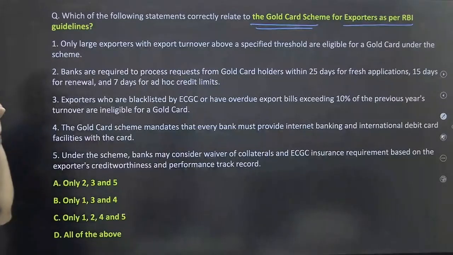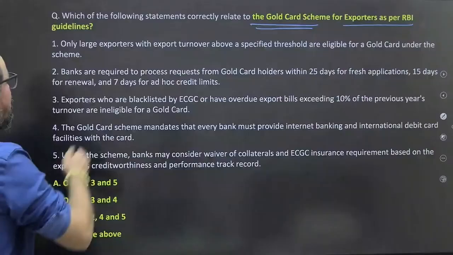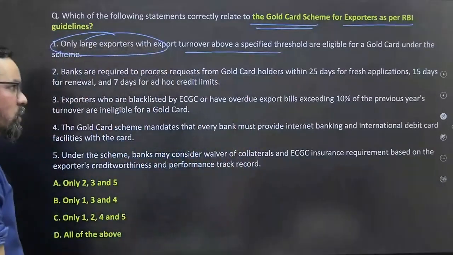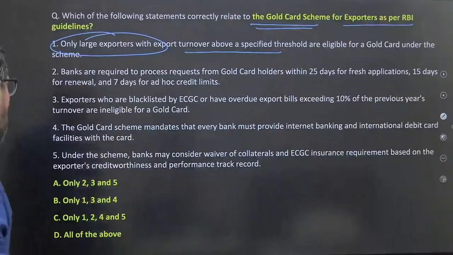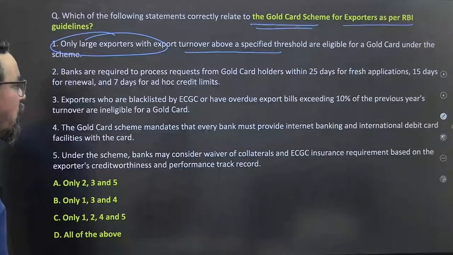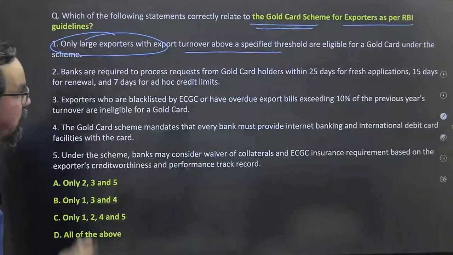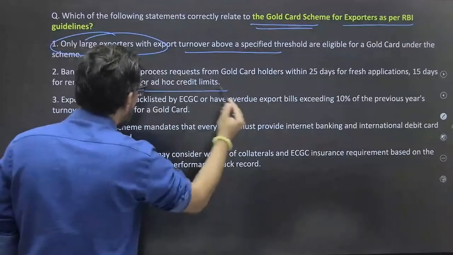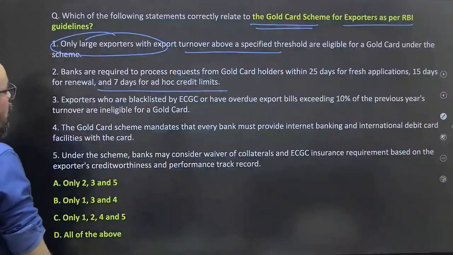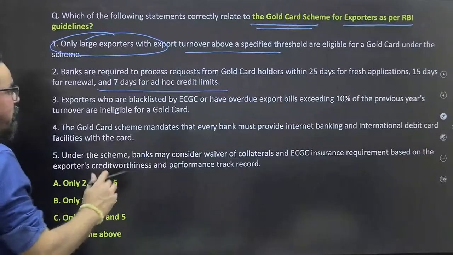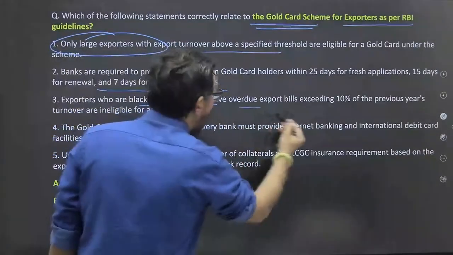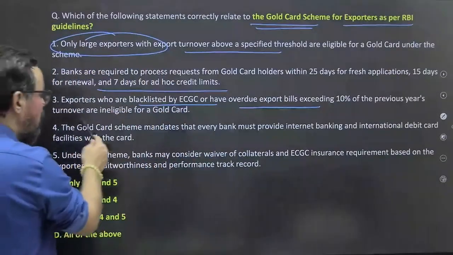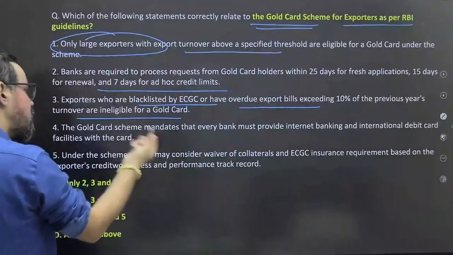तो फर्स्ट, ओनली लार्ज एक्सपोर्टर्स with turnover above a specified threshold are eligible for gold card scheme. Banks are required to process request from gold card holders within 25 days for a fresh application, 15 days for renewal, and 7 days for ad hoc credit limits. Exporters who are blacklisted by ECGC or have overdue export more than 10% of the annual turnover are ineligible for this particular one.